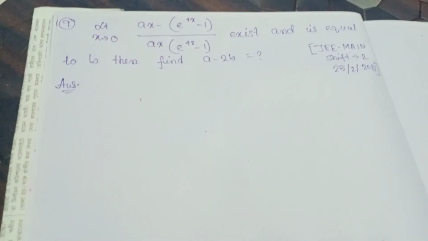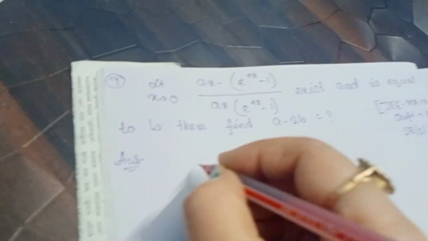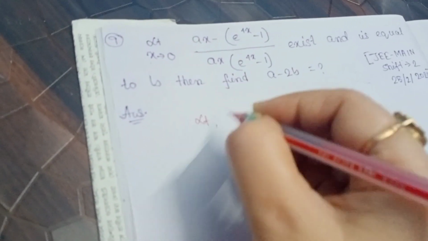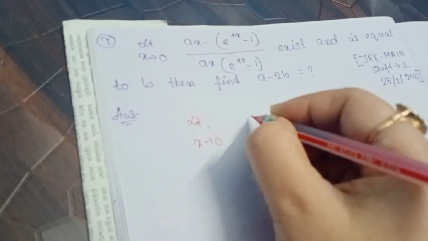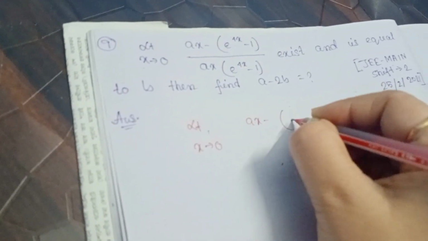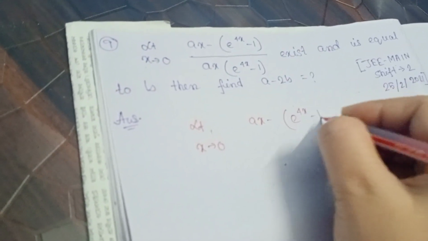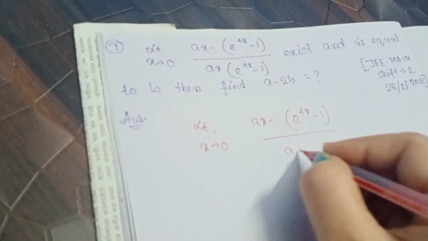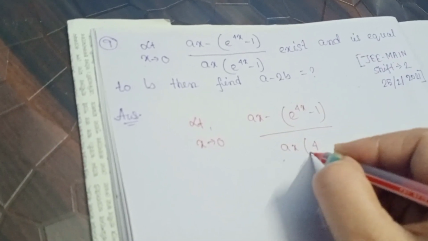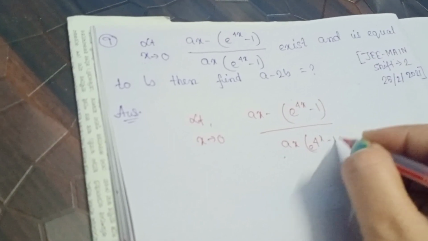Then find a minus 2b. So this is the given question.